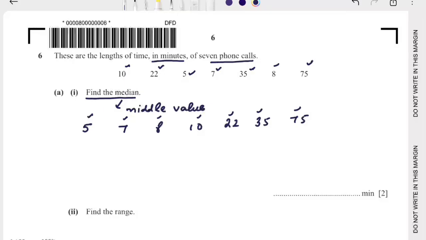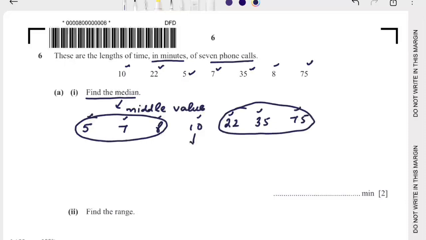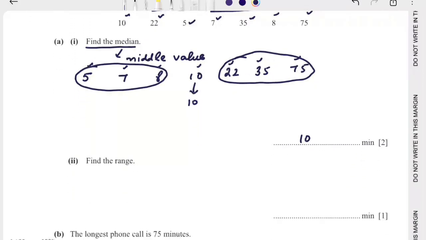Now we have to divide the data into two parts. So 3 values would be on the left hand side and 3 values would be on the right hand side, and the middle value would be 10. So this would be your median, 10 minutes. Now find the range. Range is the difference of the largest value minus the smallest value.